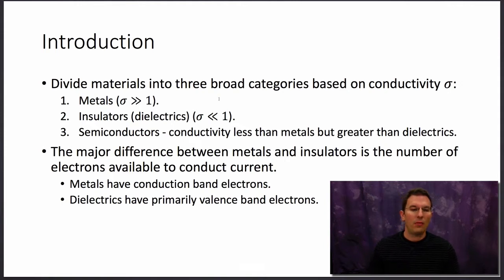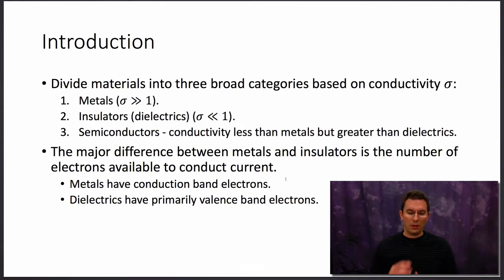And then we have a class of materials called semiconductors, whose conductivity is smaller than metals but larger than dielectrics. The major difference between metals and insulators is simply the number of electrons available to conduct current.